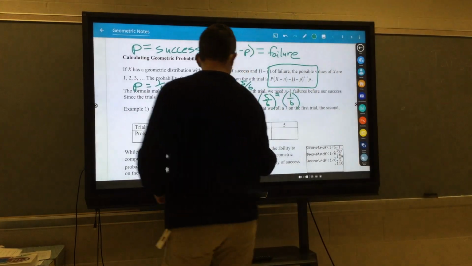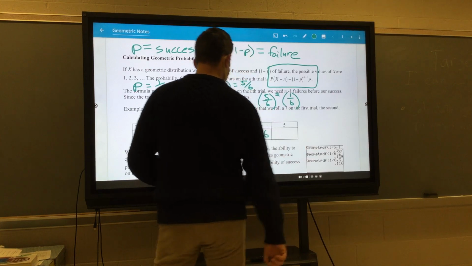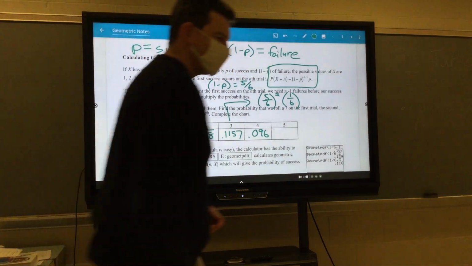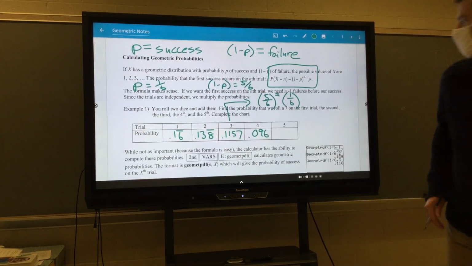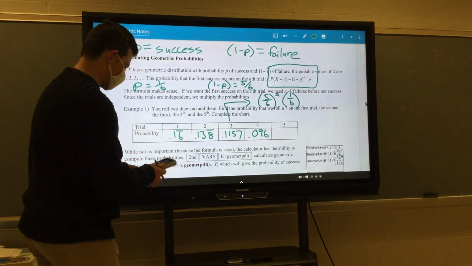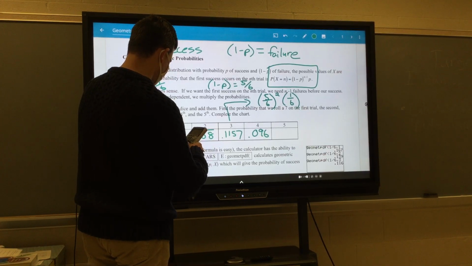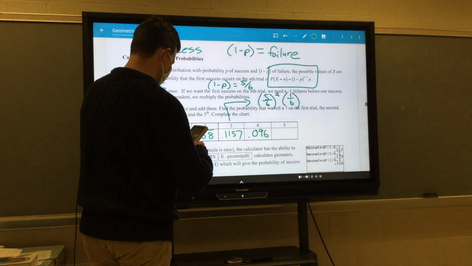We had said that this probability here was about 9.6%. If I were to add those, and there's going to be a rounding discrepancy here, but let me just get a rough idea. 0.16 plus 0.13 plus 0.1157 plus 0.096.